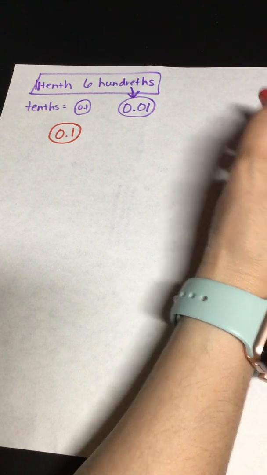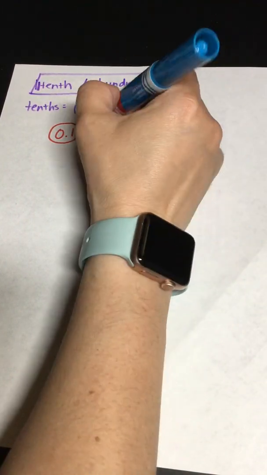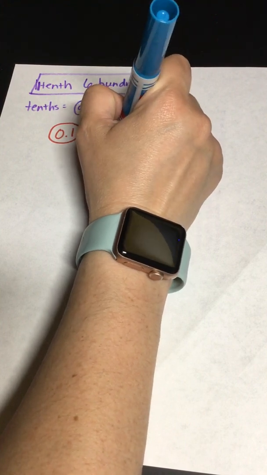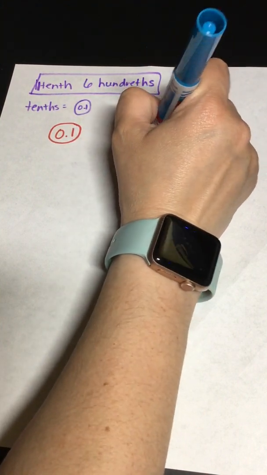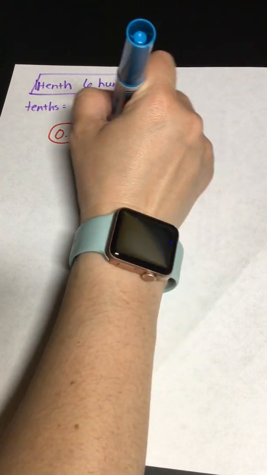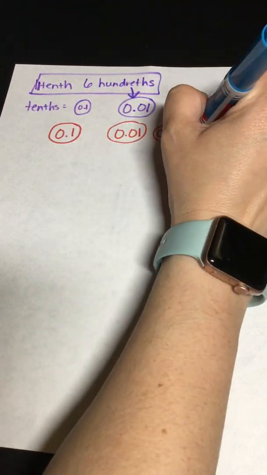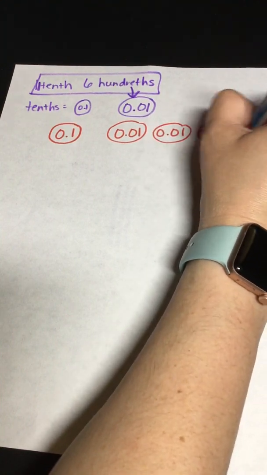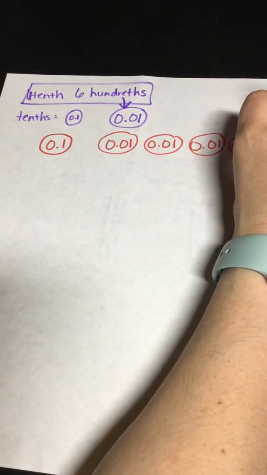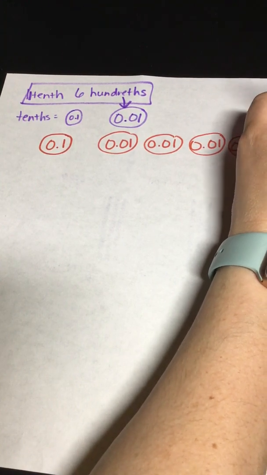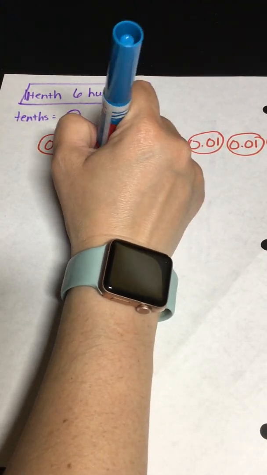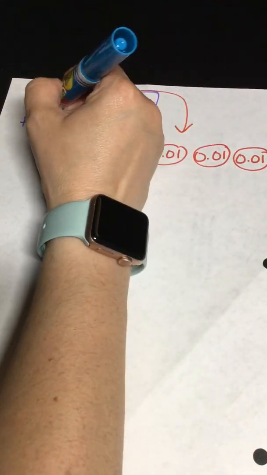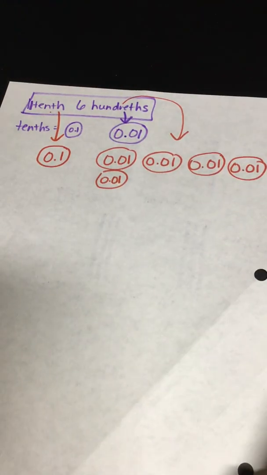I would need 6, so I would need 0.01, 0.01, 1, 2, 3, 4, 5, and 6. So I've got my 6/100 and I have my 1/10 right here.